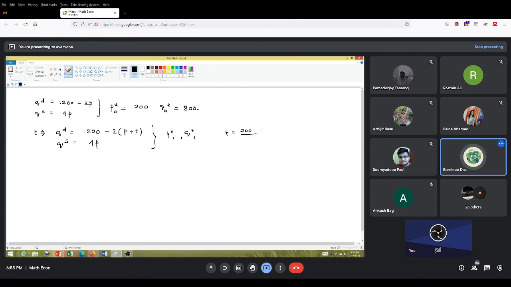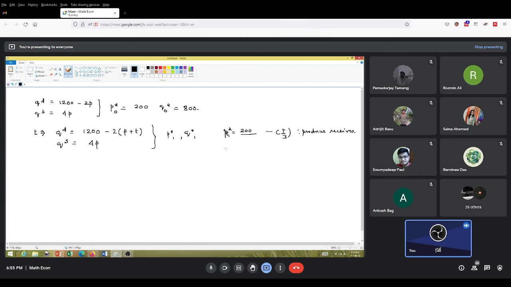So P1 star is 200 minus T by 3. This is the price which the producer is receiving.